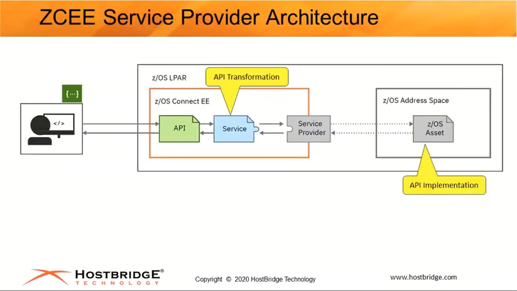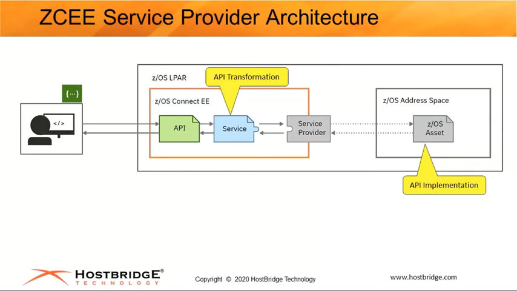Diagrammatically, if you look at various IBM docs or presentations, you'll see kind of a left to right flow that looks like this, and this is very generic. So we have an end user or something acting as the API requester on the left, and we ultimately have some sort of a z/OS asset on the right, acting as the implementation of an API. In the middle, we have z/OS Connect EE with 3 very clear building blocks, something that is managing and expressing the actual API boundary.